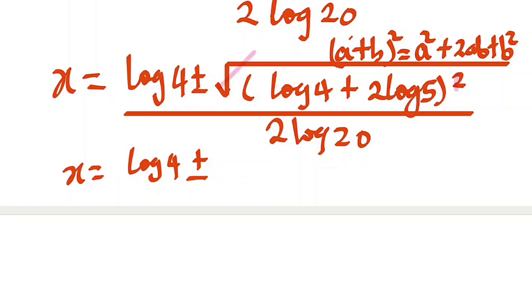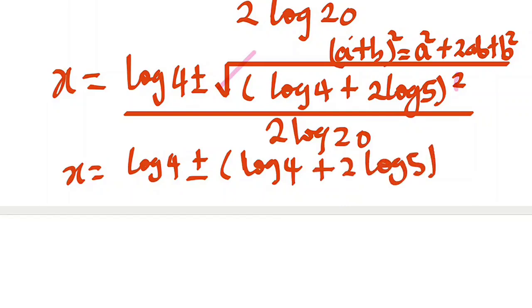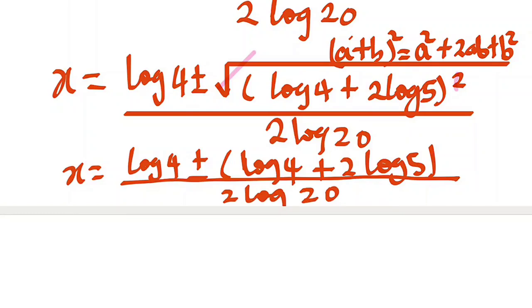We cancel the square root, and we're going to have log 4 plus 2 log 5, then divided by 2 log 20.